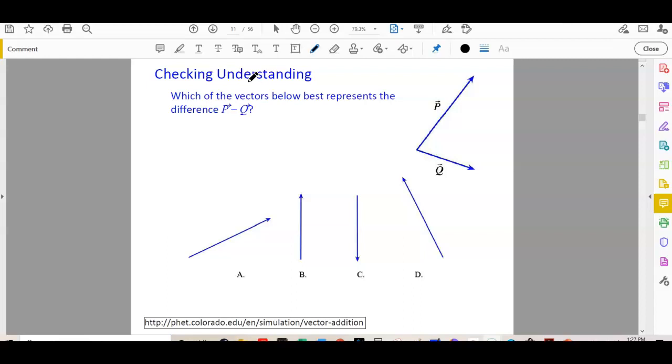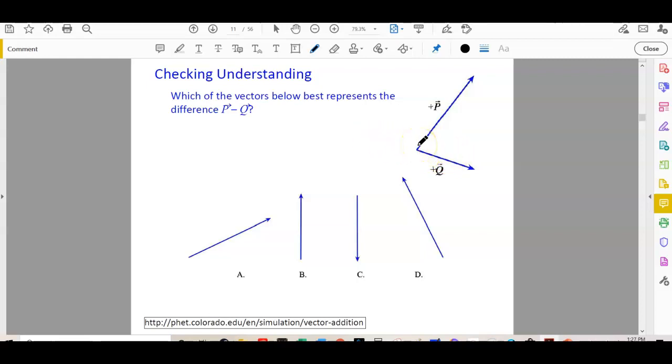Okay, we are back. So what we're going to do is, we're presented with a positive P vector and a positive Q vector. Now what we're going to have is a positive P vector minus the Q vector. So that means we need to reverse the Q vector.